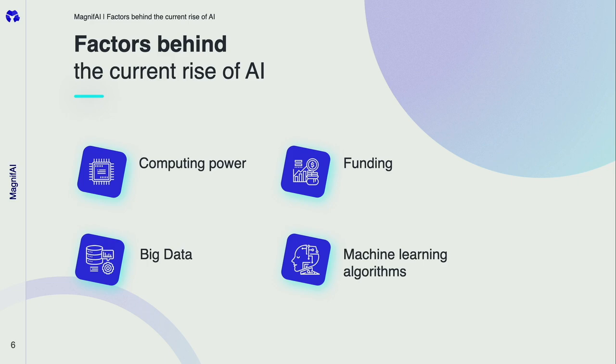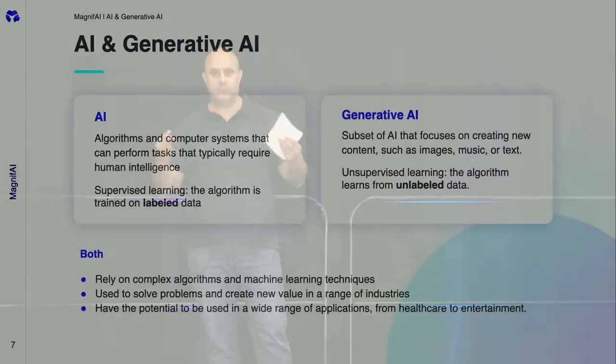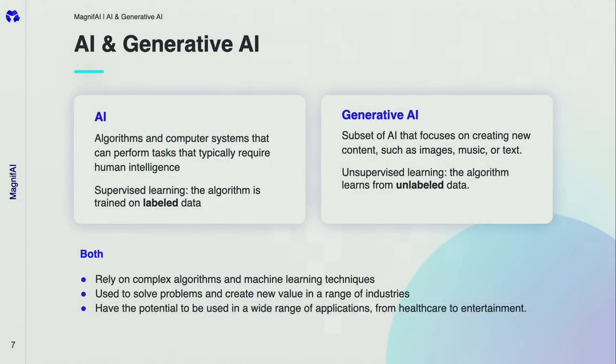So before moving into the most relevant topic, I will spend a minute analyzing two very related but different concepts, which are AI and generative AI. When we are talking about AI, we are talking about systems that can perform tasks that would typically require human intelligence.